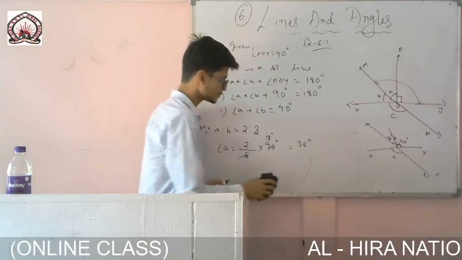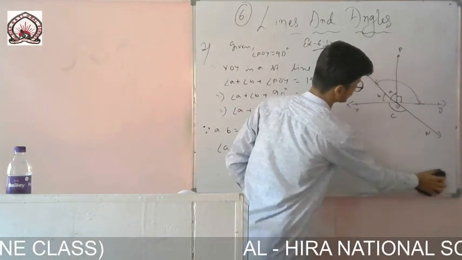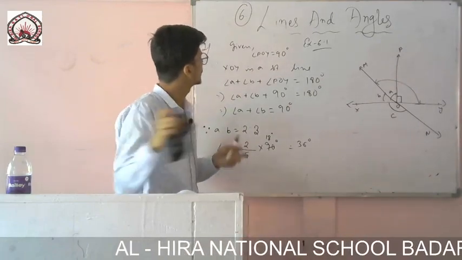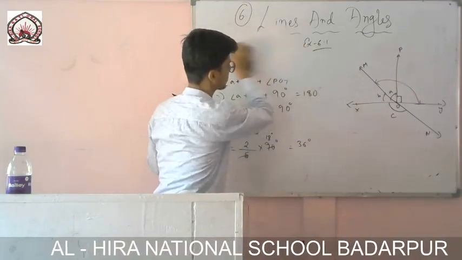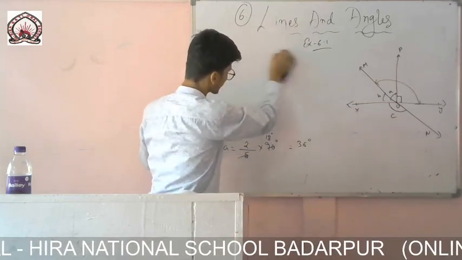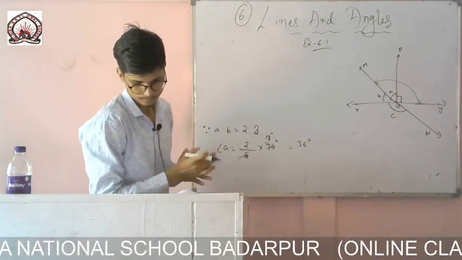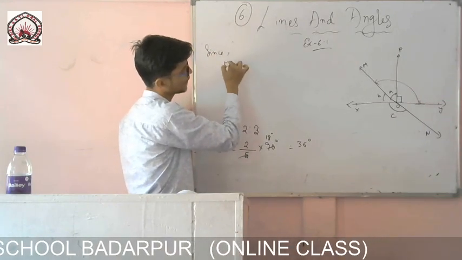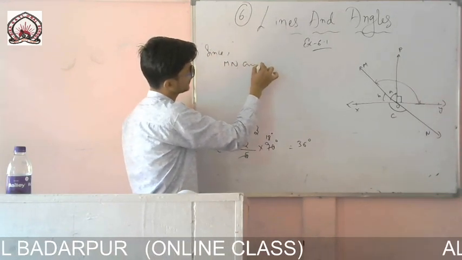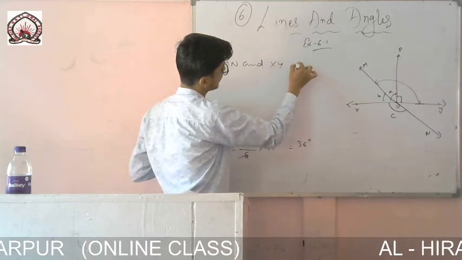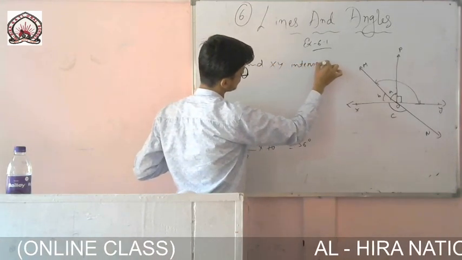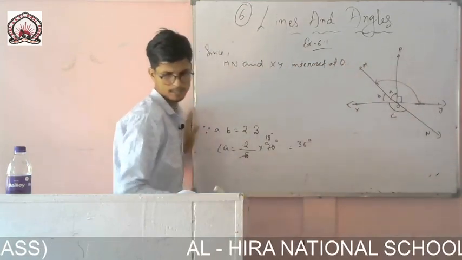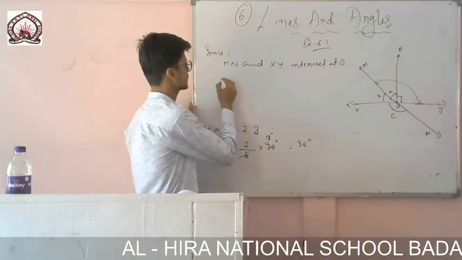So now after that you write, let me erase this part. You write like this: since MN and XY intersect at O. So that means they are vertically opposite angle.